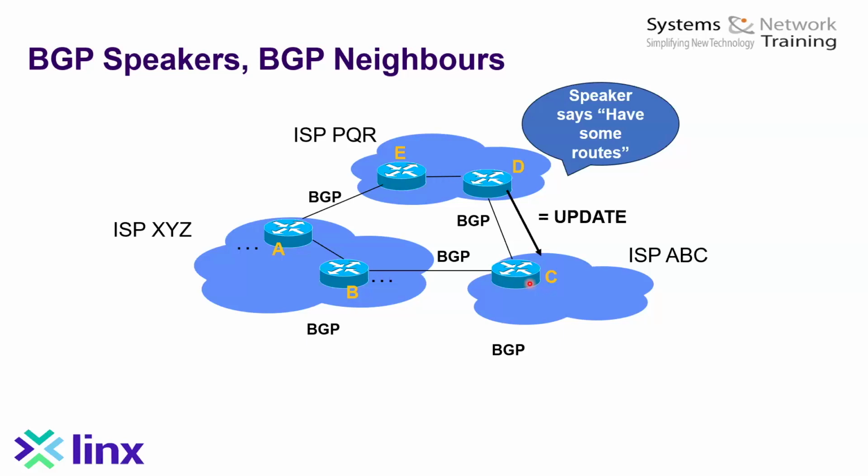The routers are sharing information about routes in their update, and that means that routers can send packets towards those routes and use those facilities that are on the internet. So an update is a packet sent between routers and contains more than one route. It's only going to happen if these routers are neighbors, and the update is sent by what we call the BGP speaker.